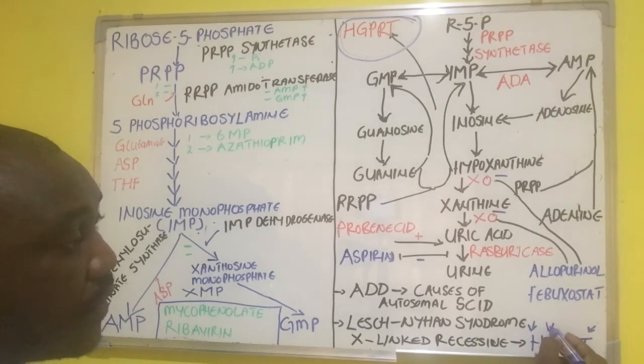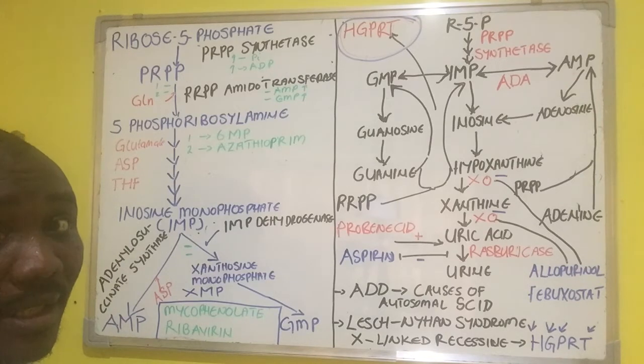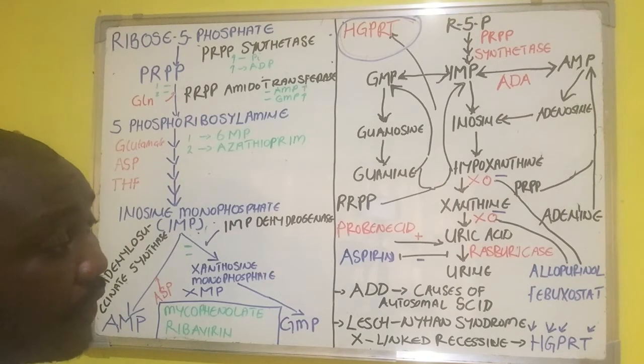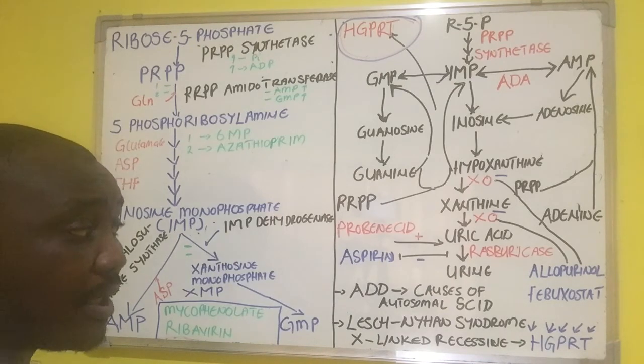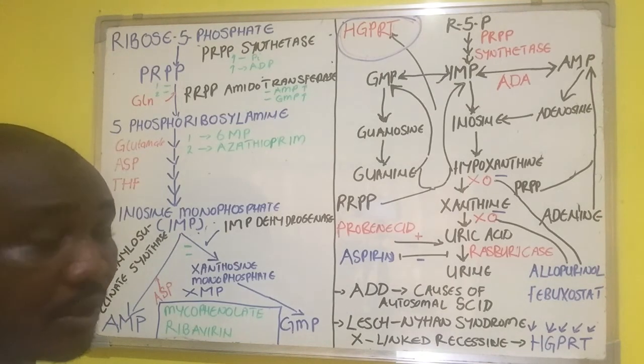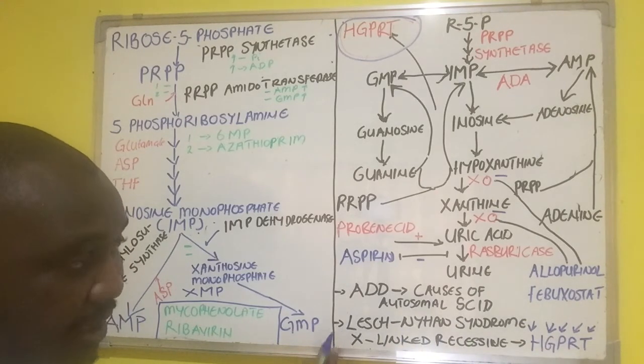The patient also suffers from gout, and from excessive anger, and mental retardation. This is how to remember the clinical presentation of Lesch-Nyhan syndrome, so that in a question, once we begin to see these features, we know it's Lesch-Nyhan.